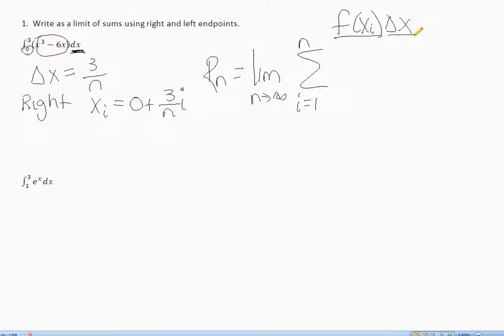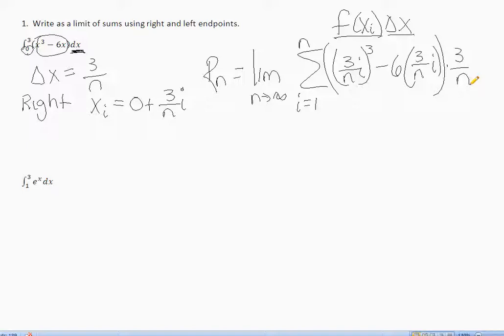So f of x sub i would be, I plug in 3i over n for x: 3i over n cubed minus 6 times 3i over n. That's f of x sub i times delta x. So this integral is this limit statement.